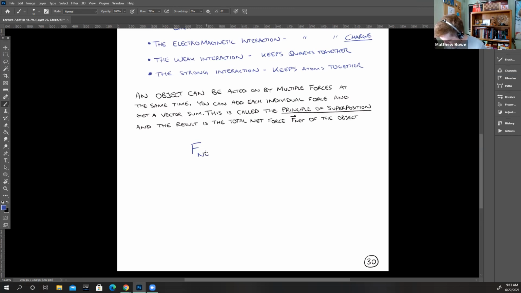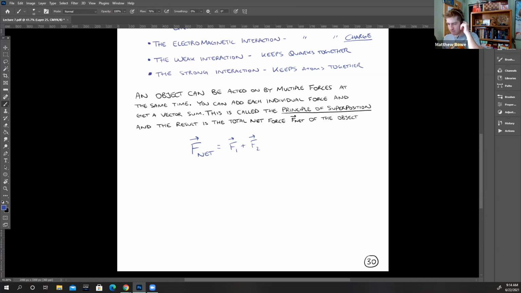And the total force, we can say the net force, is just a sum of each individual force. So remember, these are vectors, so they'll have their horizontal components and their vertical components. You have to go step by step for each of these. So forces are fairly easy once you can get the hang of them.